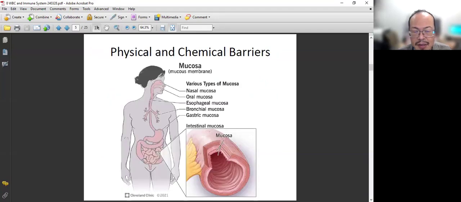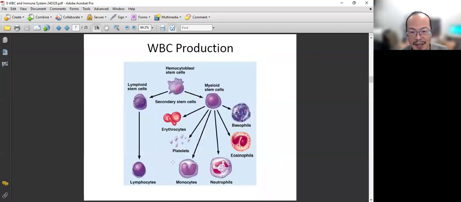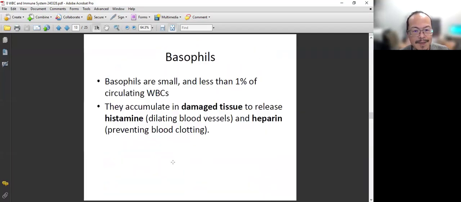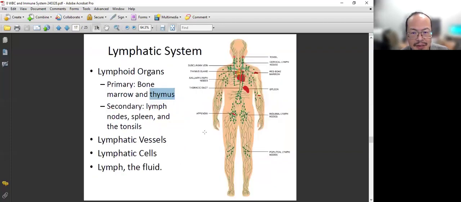Once they enter underneath the skin, or underneath the oral cavity, you have the different lymph nodes ready to be activated to send out our defense system. So that's the lymph nodes.